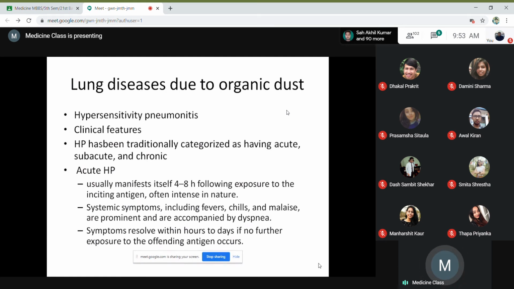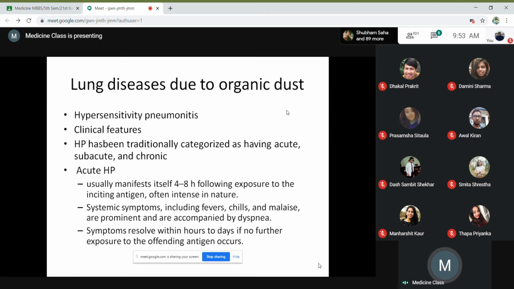Acute hypersensitivity pneumonitis usually manifests within 4 to 8 hours following exposure to the antigen, often intense in nature, a large amount of antigen. Systemic symptoms include fever, chills, and malaise, and are prominent and accompanied by dyspnea.